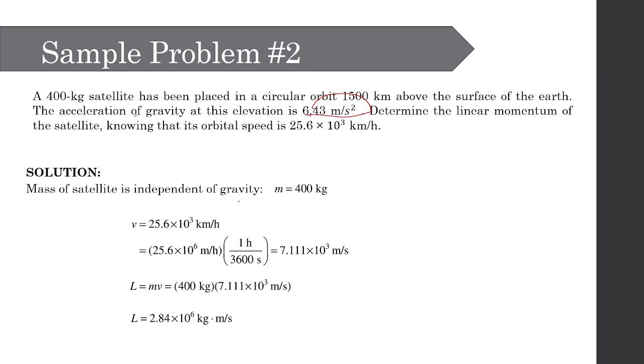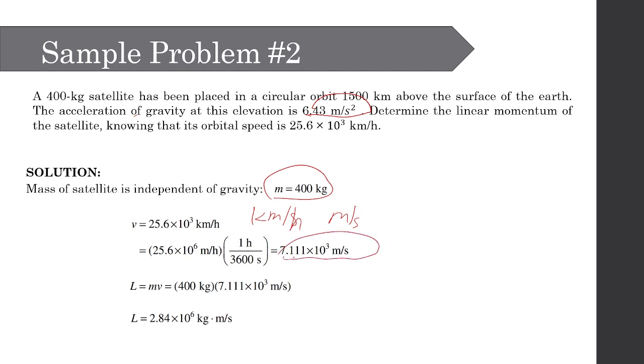So since the mass of the object is 400 kilograms, and its velocity is 25.6 times 10 raised to 3 kilometers per hour, we have to convert this kilometers per hour into meters per second. We divide by 3,600 seconds, since 1 hour equals 3,600 seconds.